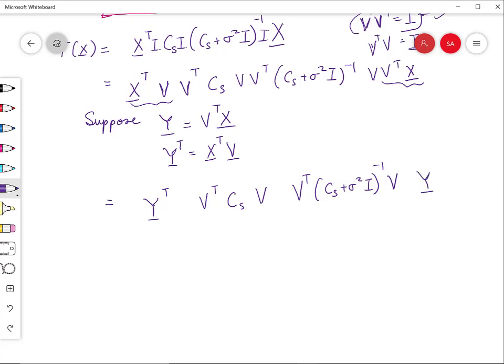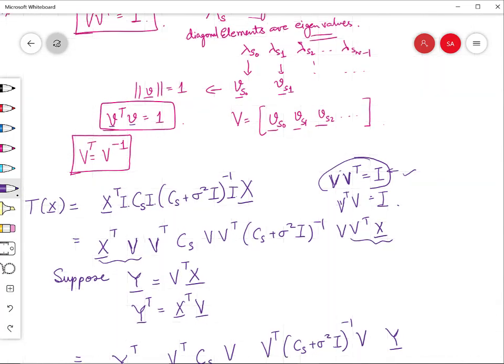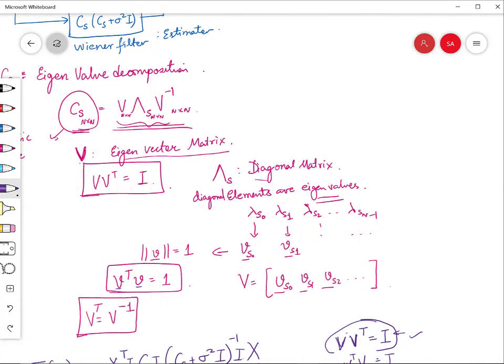All right, now you can see here, according to the eigenvalue decomposition, if I multiply both the sides by V inverse, what I'm going to get is V inverse CS is equal to V inverse V times lambda s times V inverse. This is identity. Let's forget about it.